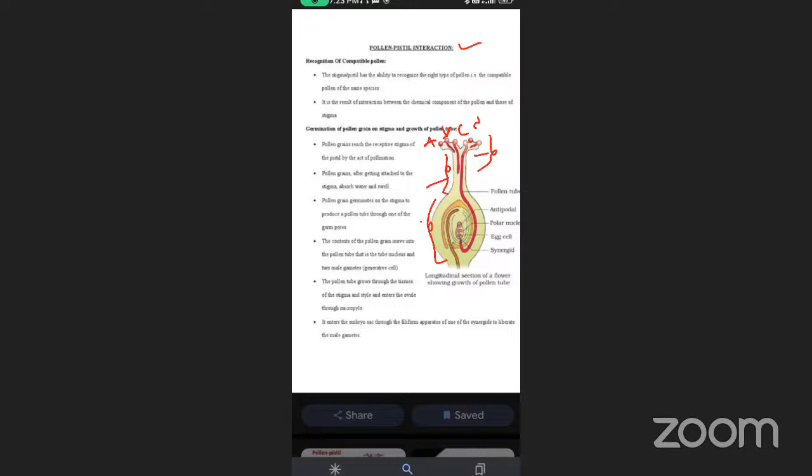In pollen pistil interaction, first comes the recognition of compatible pollen.